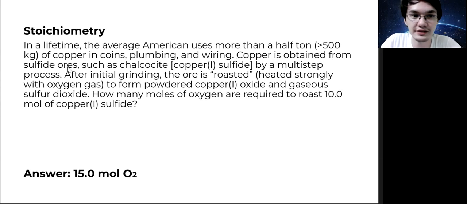Copper is obtained from sulfide ores such as chalcocite, copper(I) sulfide, by a multi-step process. After initial grinding, the ore is roasted, heated strongly with oxygen gas to form powdered copper oxide and gaseous sulfur dioxide. How many moles of oxygen are required to roast 10 moles of copper(I) sulfide?